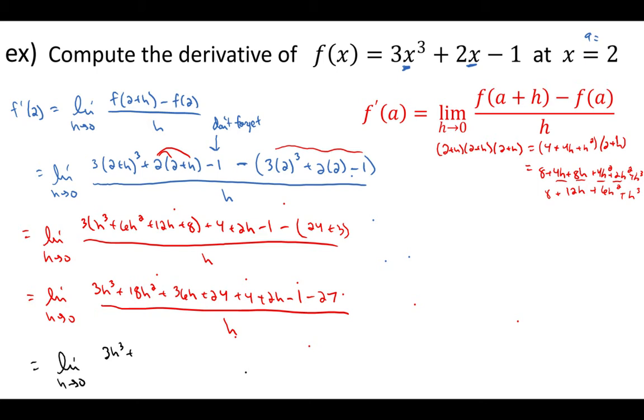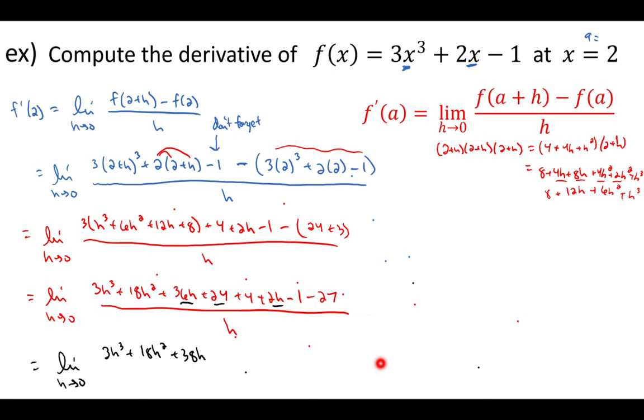So we've got 3h cubed, no other ones. H squared, so we've just got that 18h squared. As far as h's, we've got 36 and 2, so that gives us 38 h's. All right. And then as far as constants, they should all cancel out.